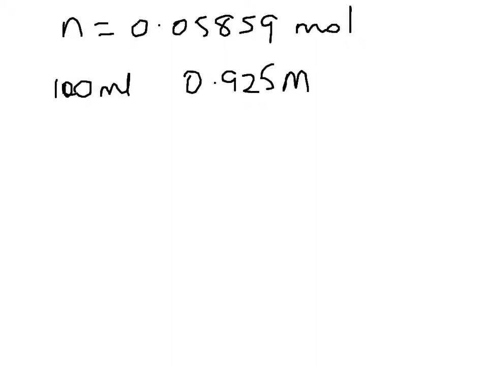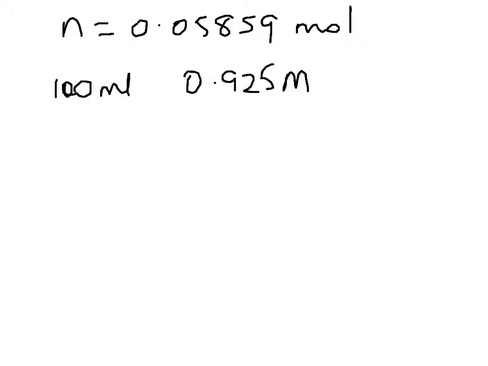So what we need to do to know how much acid reacted in the first step, we need to take this amount of mole here we determined from our titration step from the original amount we actually had.